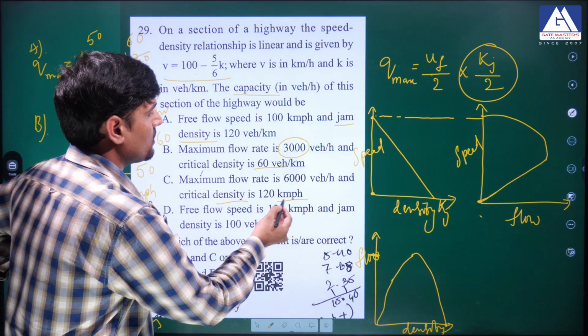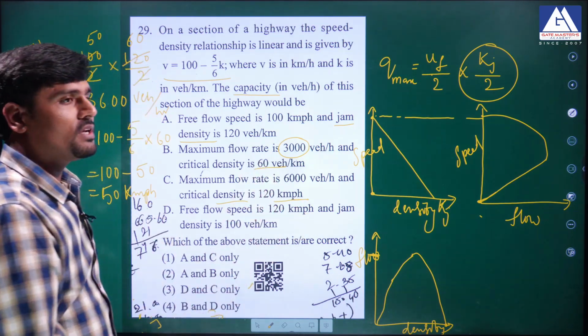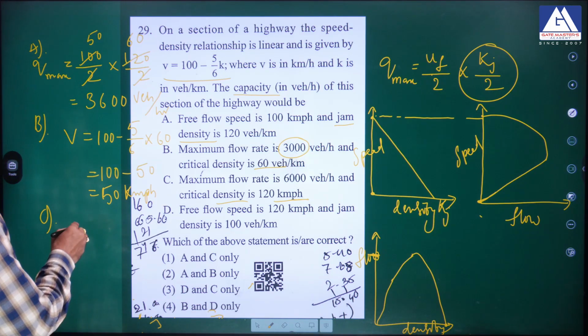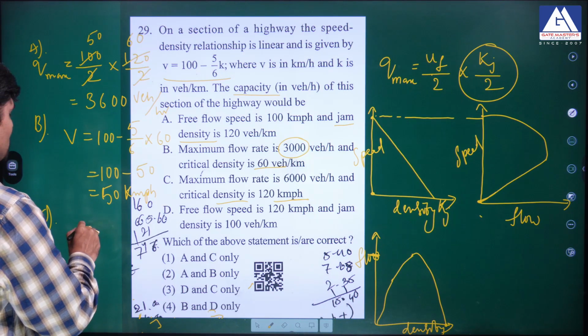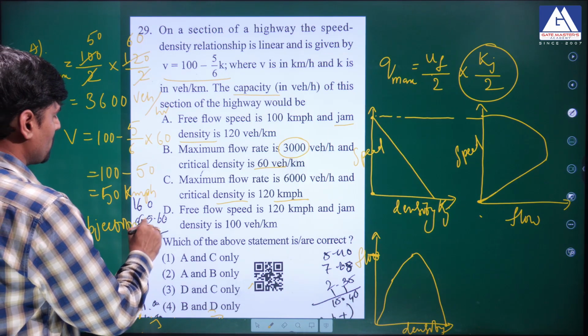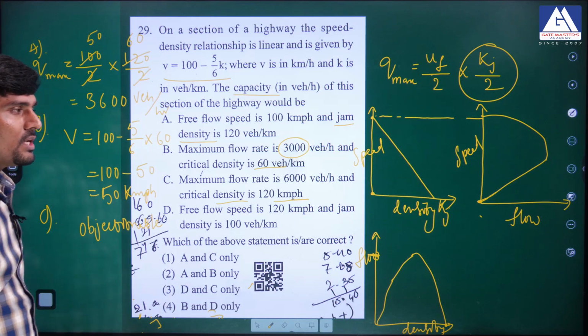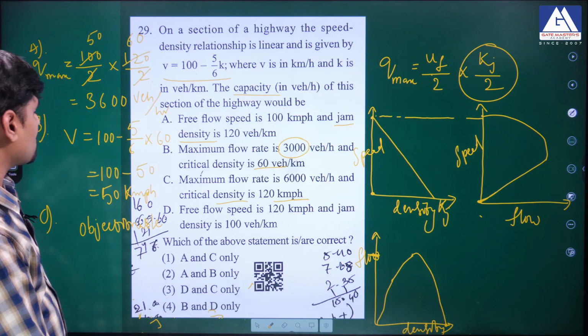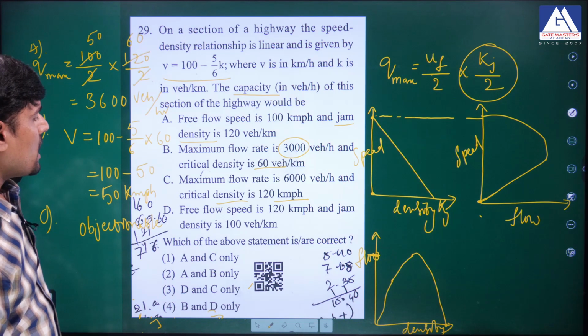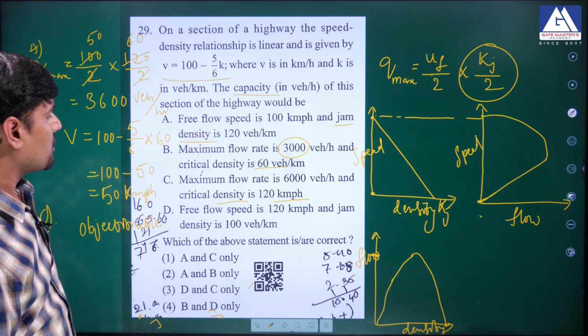See here, the unit of density is given as kmph. So either this question can be objectionable or challengeable. One can get a free mark for this question.